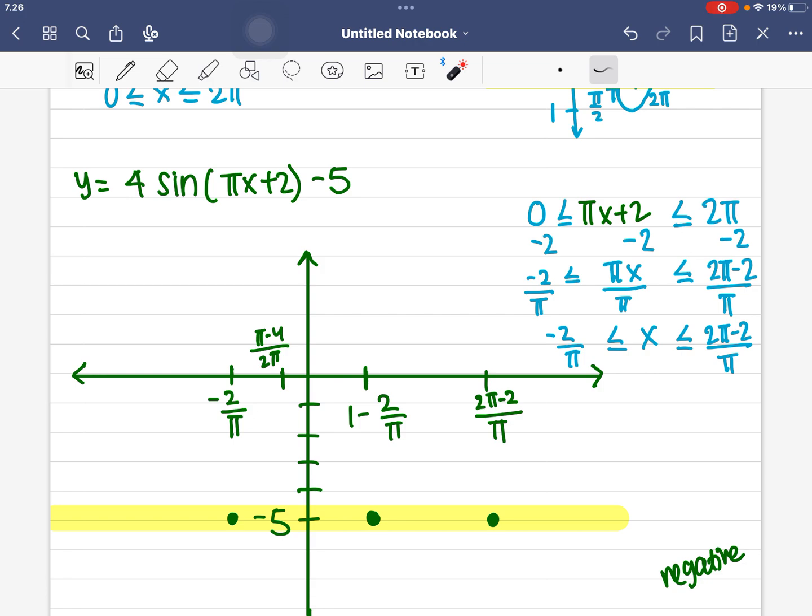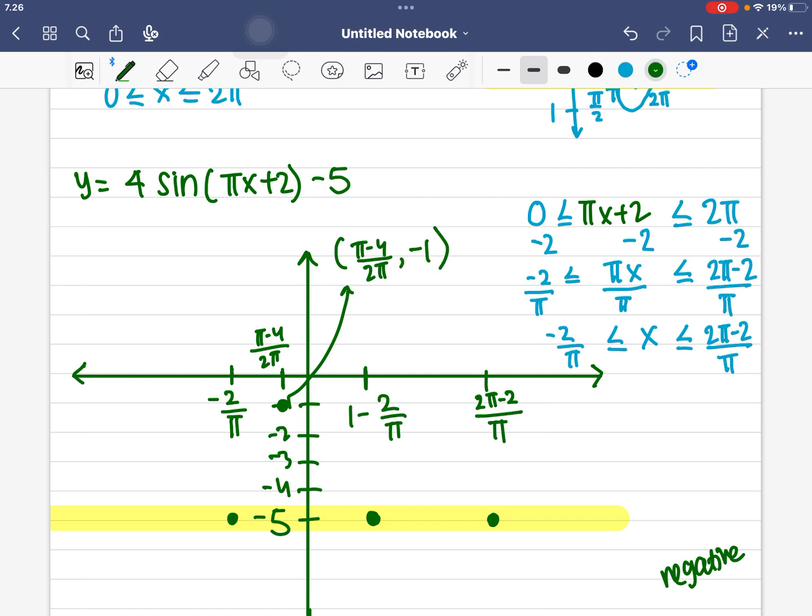Okay, so 4 up would be 1. So let me write this. 4 units up is 1, 2, 3, 4. So my point should be here. Okay, so that point is pi minus 4 over 2 pi, comma, negative 1.